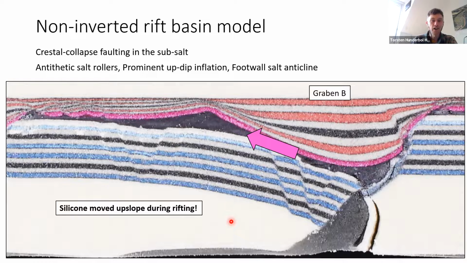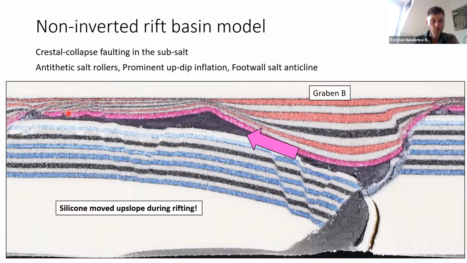And okay, I didn't mark the features, but we have a nice crestal collapse fault below the salt on the rollover fault here in the hanging wall of the half graben.